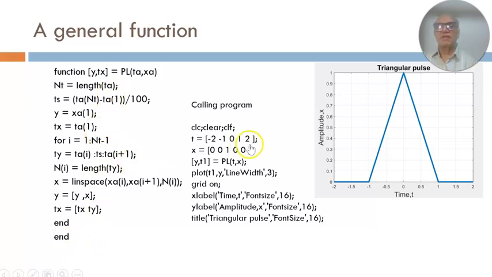Alright, so when you call this function and execute the calling program, this is the output that you will obtain. When you solve problems from signals and systems, often you might find a waveform like this, and suppose you want to do a convolution operation on this. Later on we'll study convolution, and we'll study how to do it analytically.